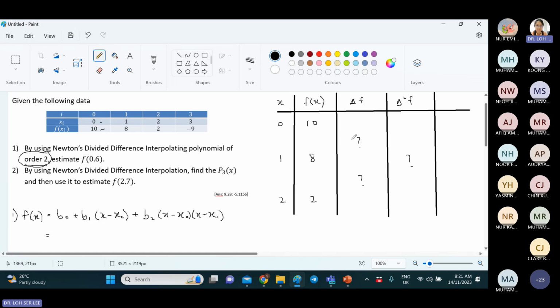Try to get the value of this, the first delta f. What is the value?